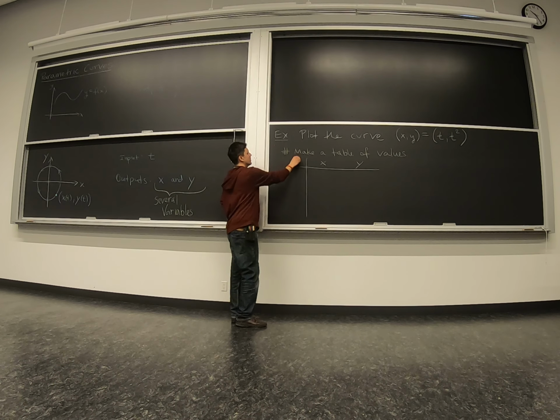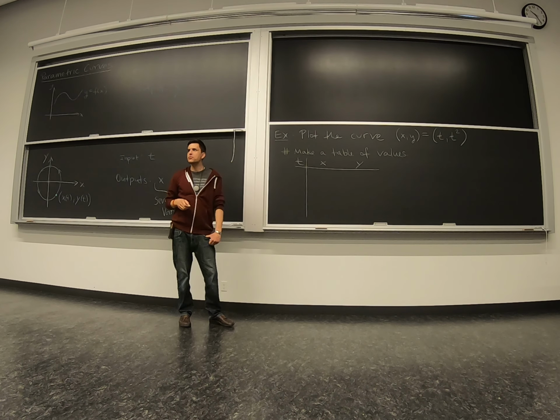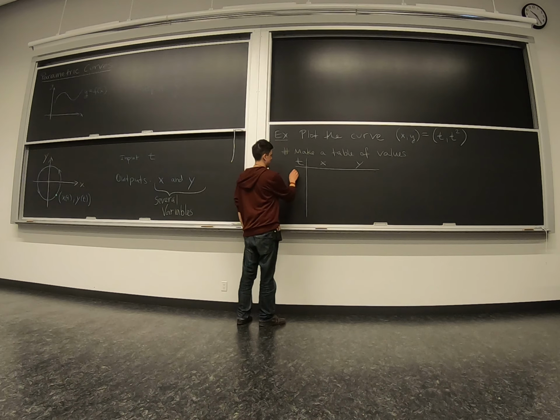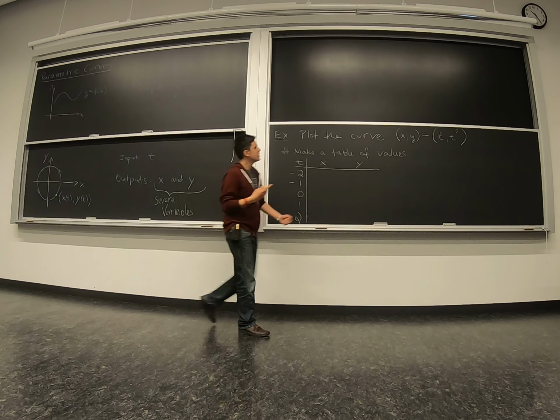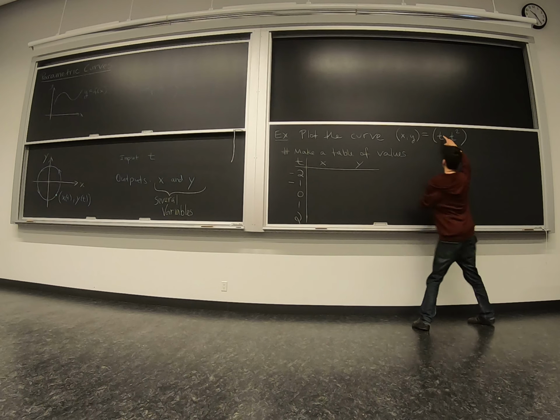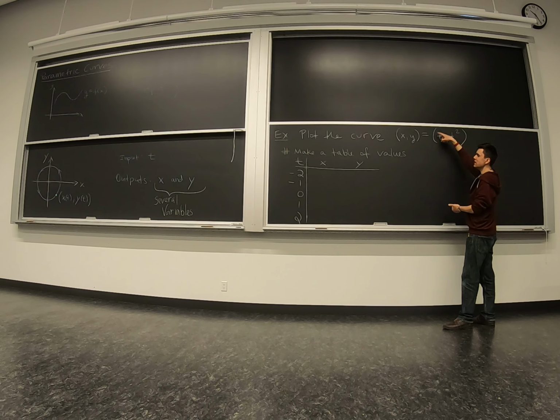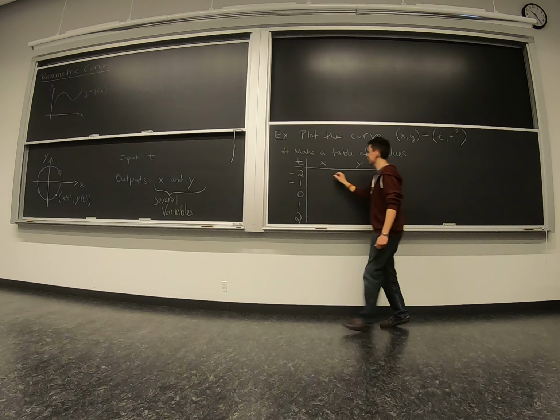So if I look at several different values of t, for each of those values, I can calculate what my x coordinates should be. It should be the same as t.